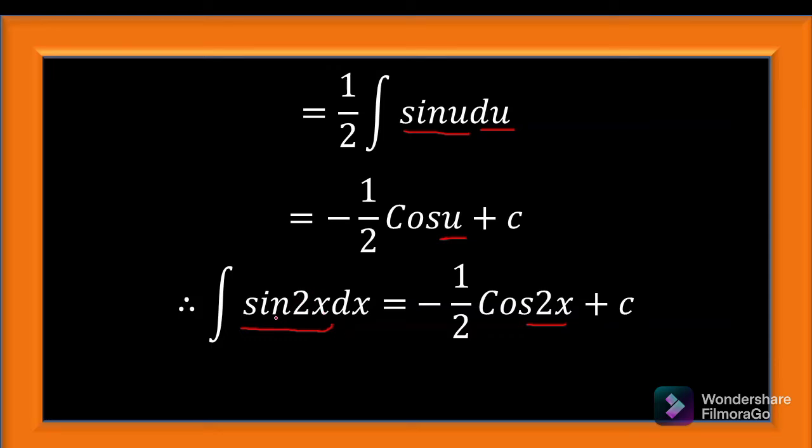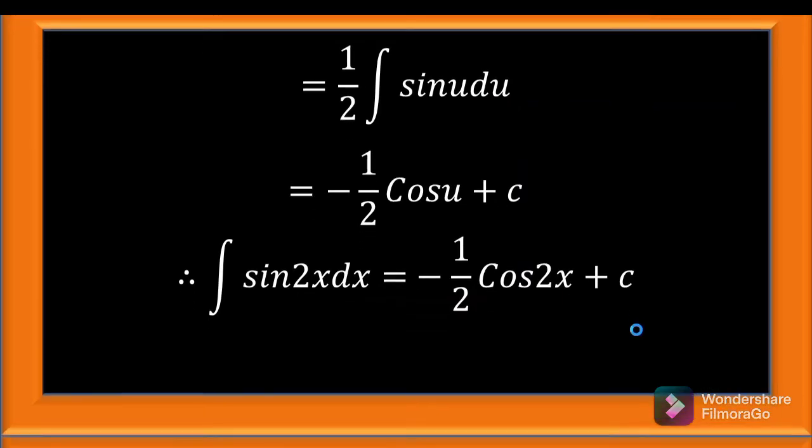Now I integrate sine, and I get negative cos. So I have negative cos of 2x, but I don't forget to divide by the 2. Dividing by the 2 is as good as multiplying by a half. And that is why we come up with our integral of sine 2x with respect to x as negative a half cos of 2x plus a constant.